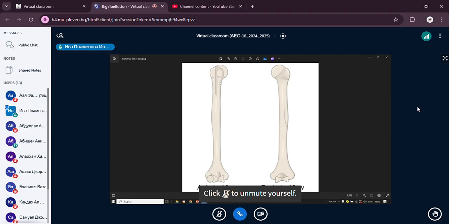Below the tubercles is the other neck, which is called the surgical neck, below the two lips of the intertubercular groove. Below the greater tubercle, we have one crest here, crista tuberculi majoris humeri.